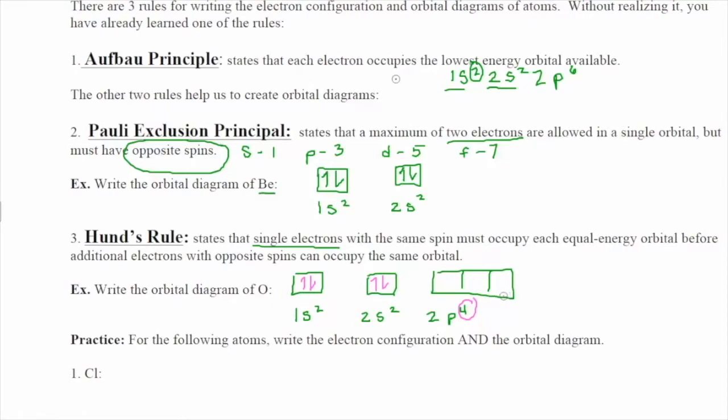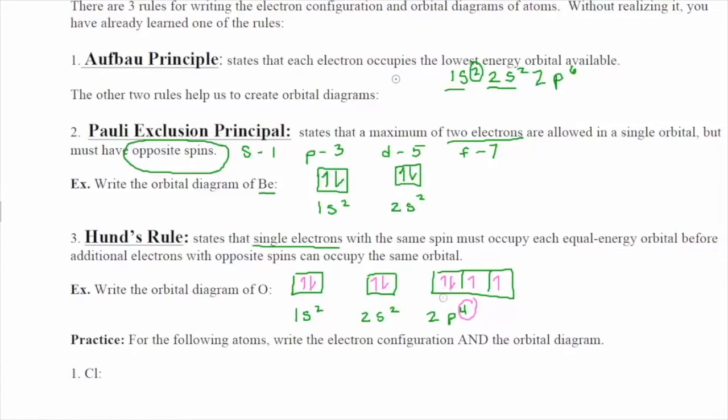I've got to place my electrons one at a time so that they have the exact same spin, and then I'm going to go back, and any extras I'm going to put in with opposite spins. So I'll show you. I need a total of 4 electrons. So I've got 1, 2, 3, and then my 4th one's going to have an opposite spin, so 4.